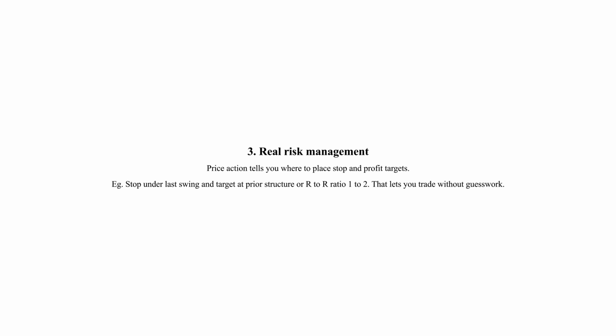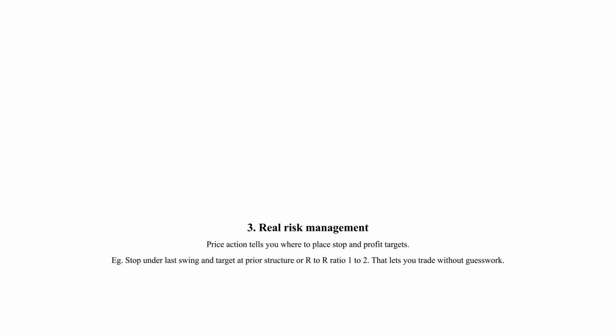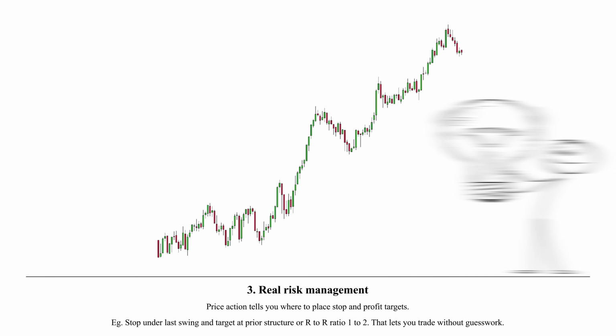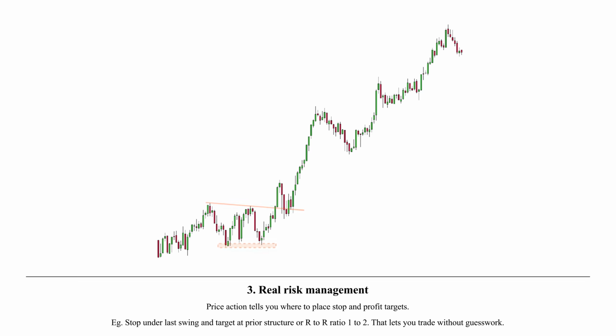Point 3. Real risk management. Price action tells you where to place stop and profit targets. For example, stop on the last swing and target at prior structure or risk to reward ratio 1:2. That lets you trade without guesswork.